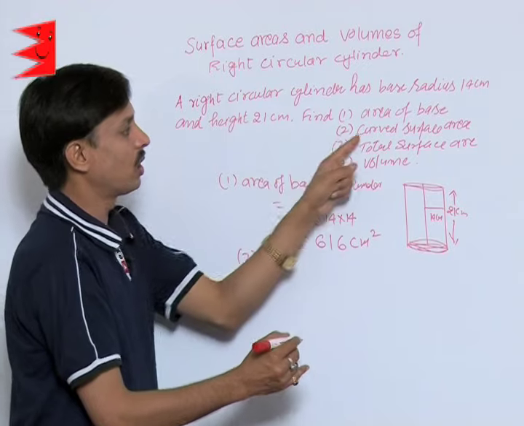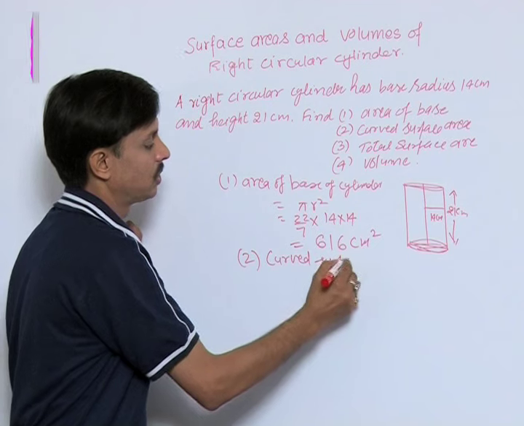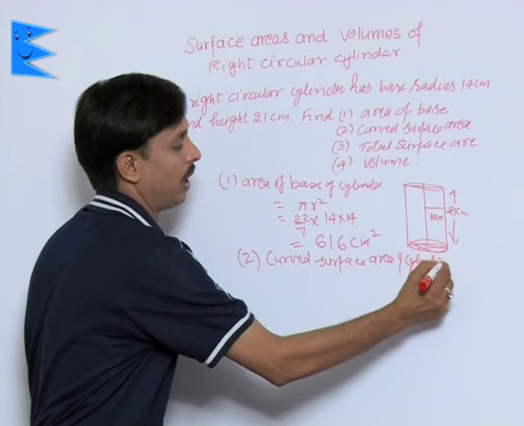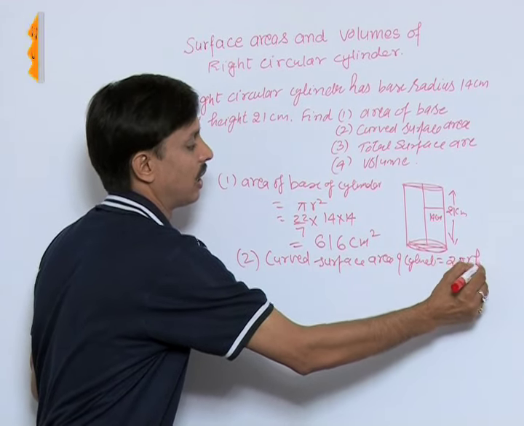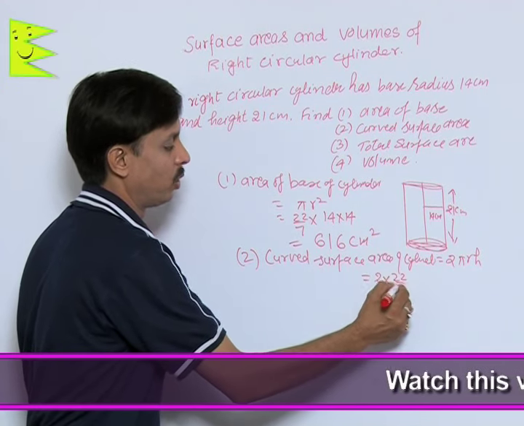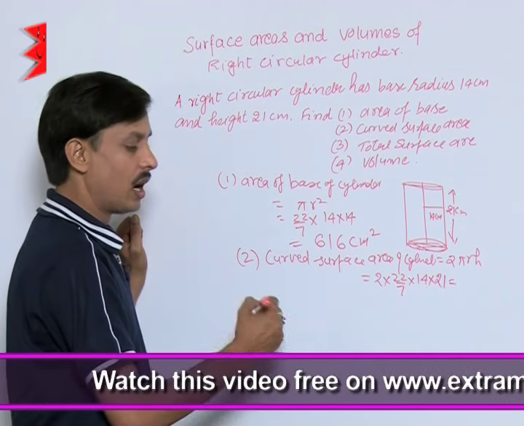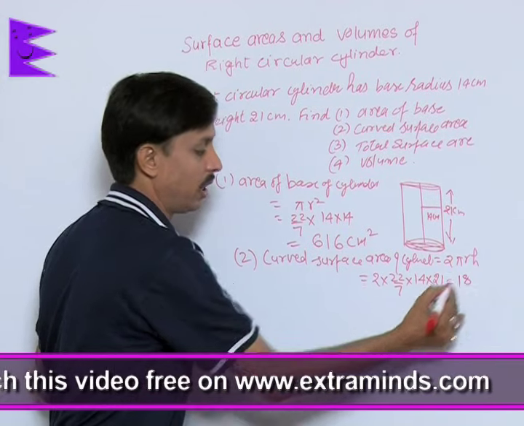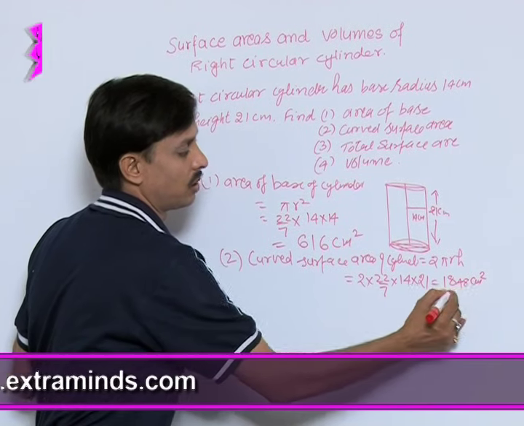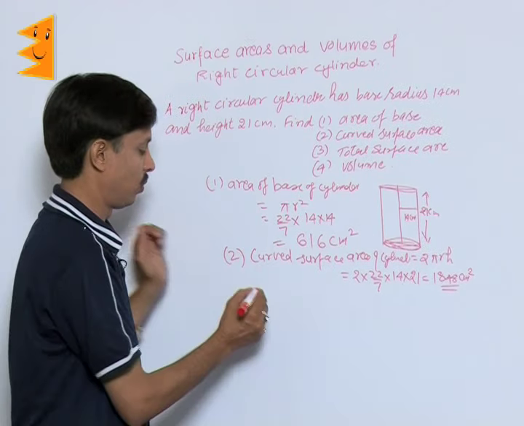Second, the curved surface area of cylinder is given by 2 pi r h, that is 2 into 22 by 7 into 14 into 21. After simplification, this is 1848 centimeter square. This is the area of the curved surface directly by using the formula.